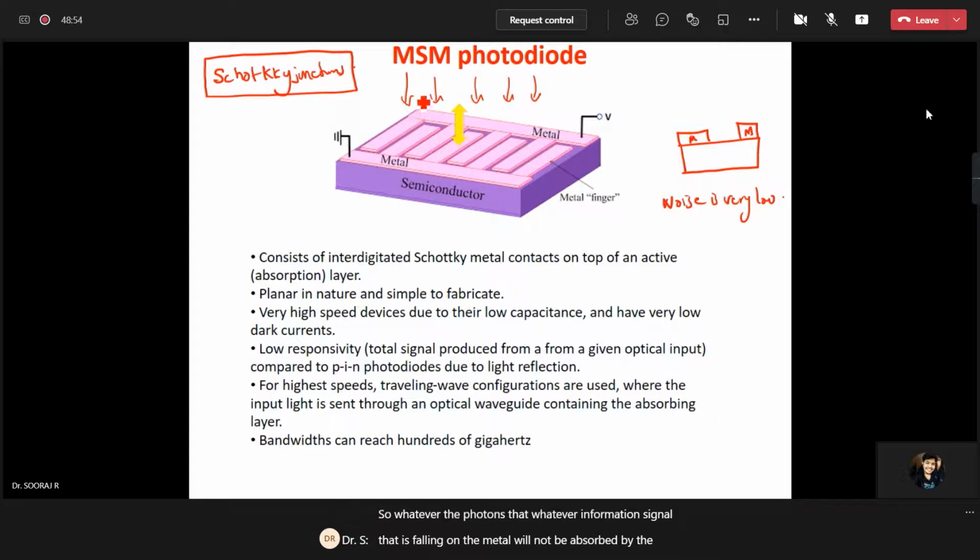In other words, the photons falling on this metal are all lost. That information signal is lost. Only the ones which can penetrate and fall on the semiconductor will be converted into electrons and holes. So that is one drawback of this metal-semiconductor-metal photodiode. However, this is also used in some optical communication systems.